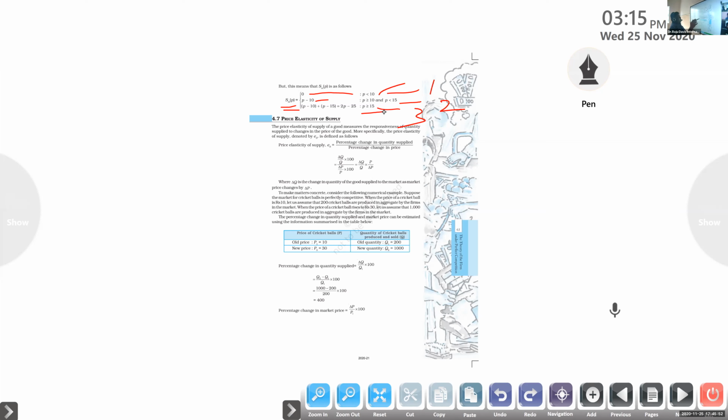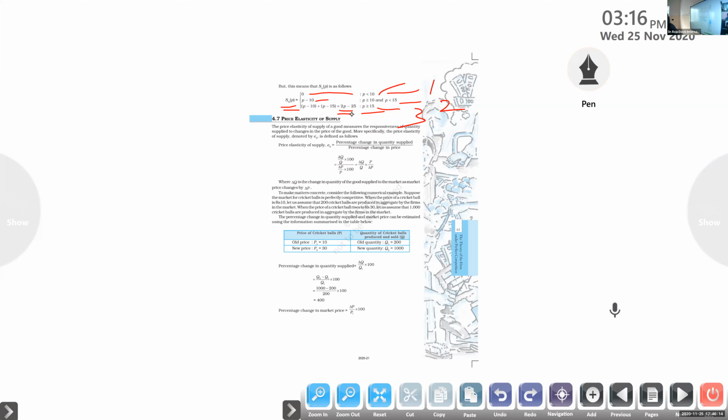Both firms will produce, so P minus 10 plus P minus 15 gives 2P minus 25. So for price greater than or equal to 15, the answer is 2P minus 25. This is the numerical method to find the supply curve.